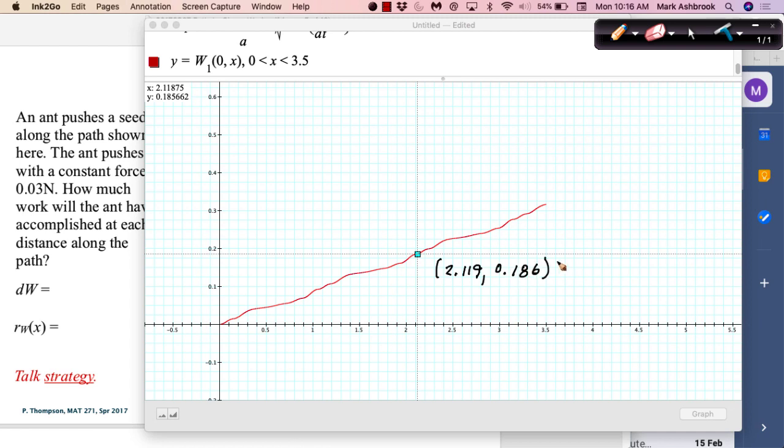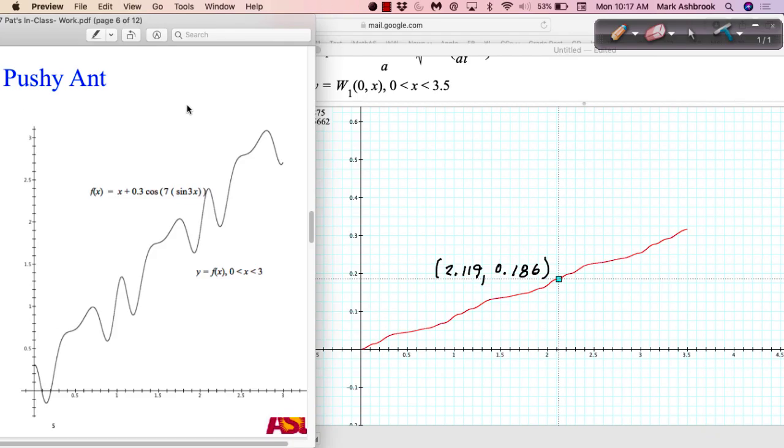Okay, I want you to interpret that point on this graph, right? So this is our accumulated work of the ant, the pushy ant. Everyone's talking to somebody. You are explaining what the meanings of those numbers are in this context. Go. Tell me.